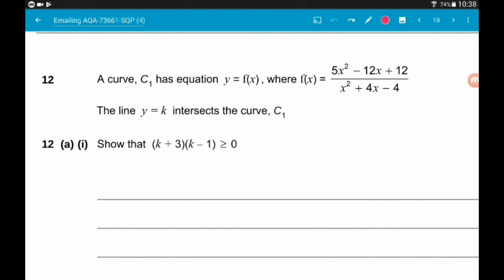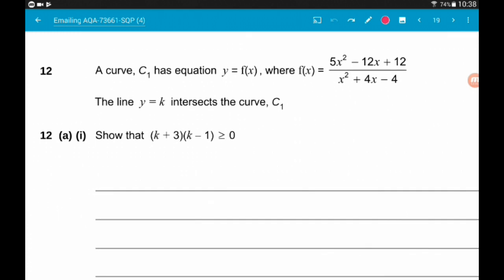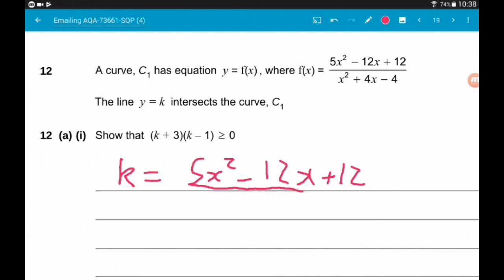Okay, so let's do this. So the two things intersect. So first of all, we can say k is equal to 5x squared minus 12x add 12 all over x squared plus 4x minus 4.